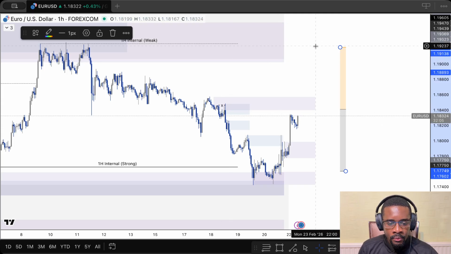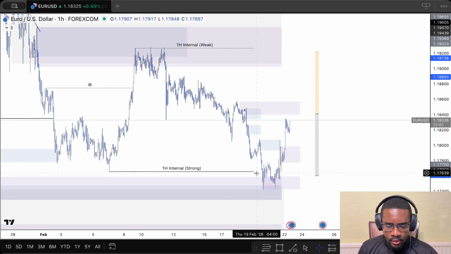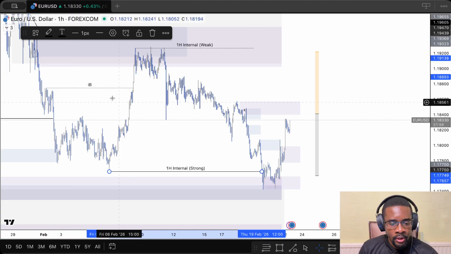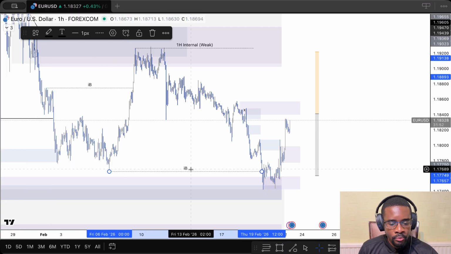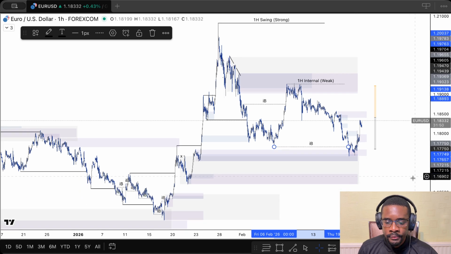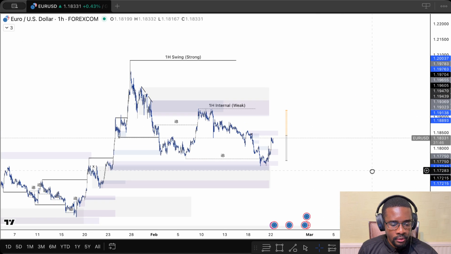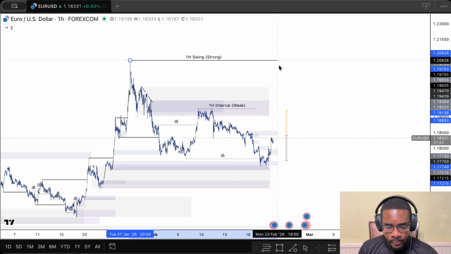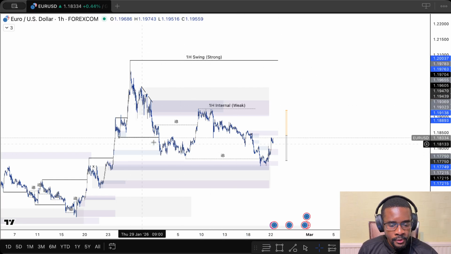Looking on the 1-hour, my swing range has obviously been violated. So right there, that's our 1-hour internal break of structure. So on the 1-hour we are bearish. This is my swing structure.